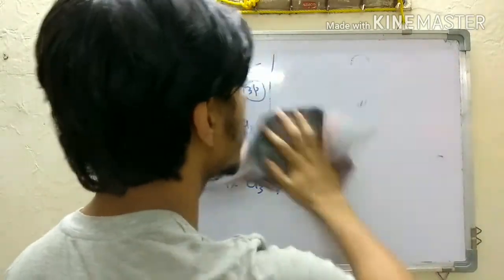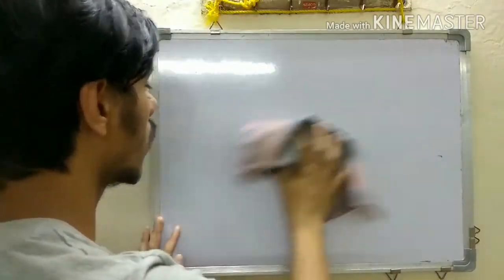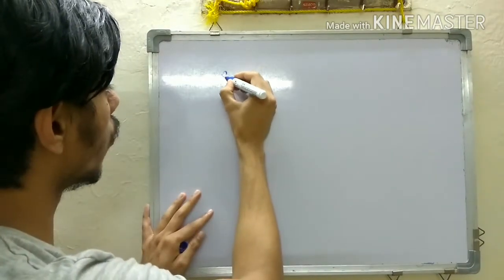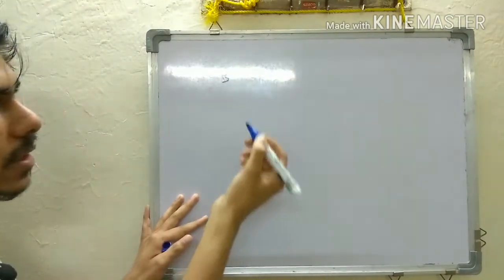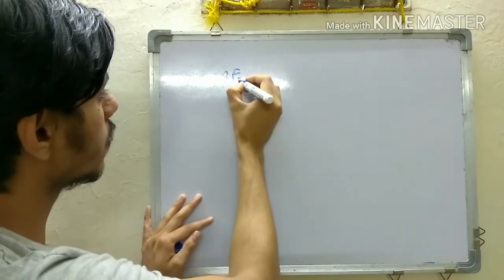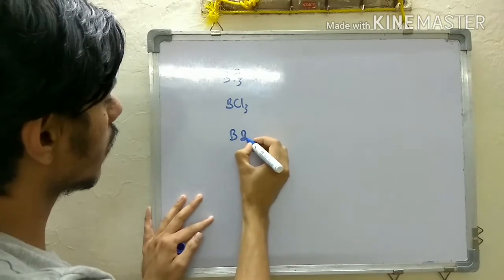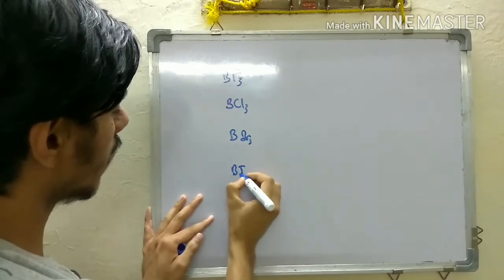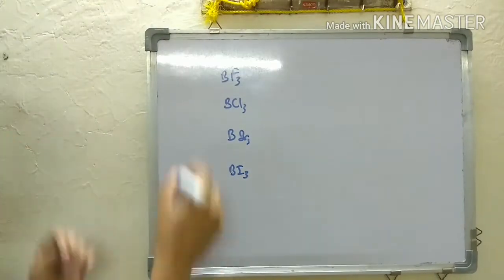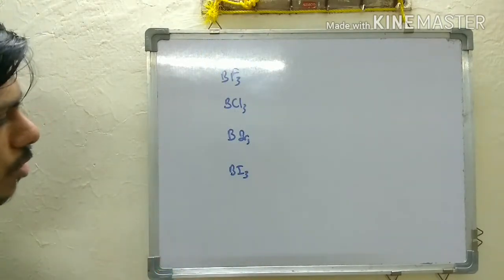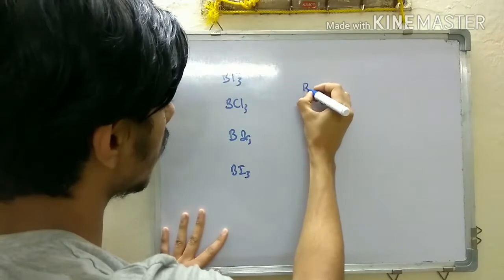Another point is, let's say you have boron combined with different halogens, like BF3, BCl3, BBr3, and BI3. What will be the order of acidity in this particular series of compounds? In this case also you have to consider the effect of pi bonding.